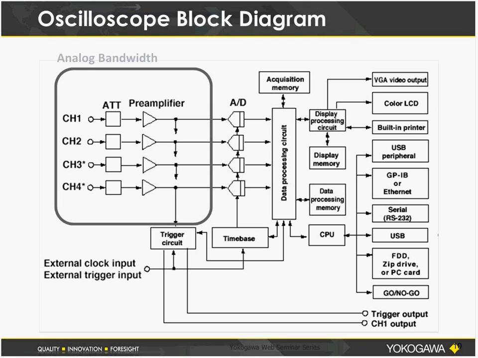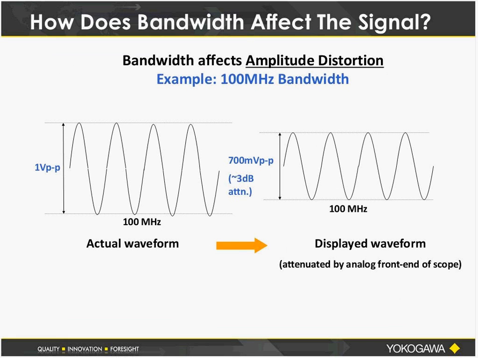Once it gets into the instrument itself, then the instrument is going to digitize the signal using a clock. Actually, this slide is related to what I was just talking about. The front end of the instrument will attenuate that signal at its bandwidth spec.